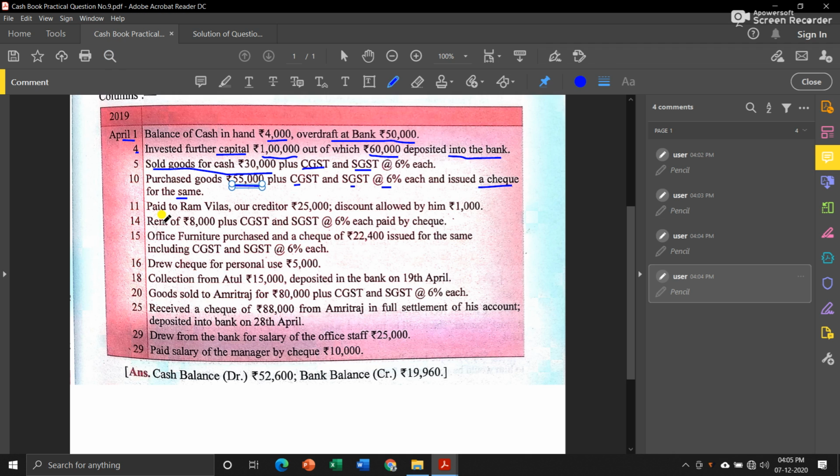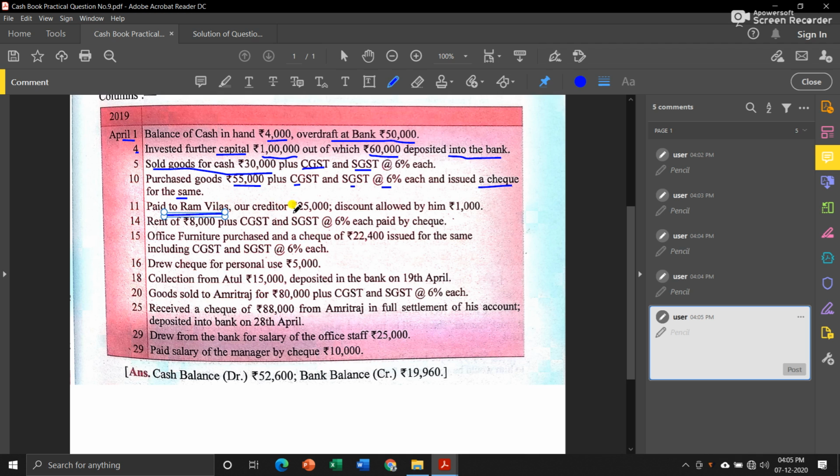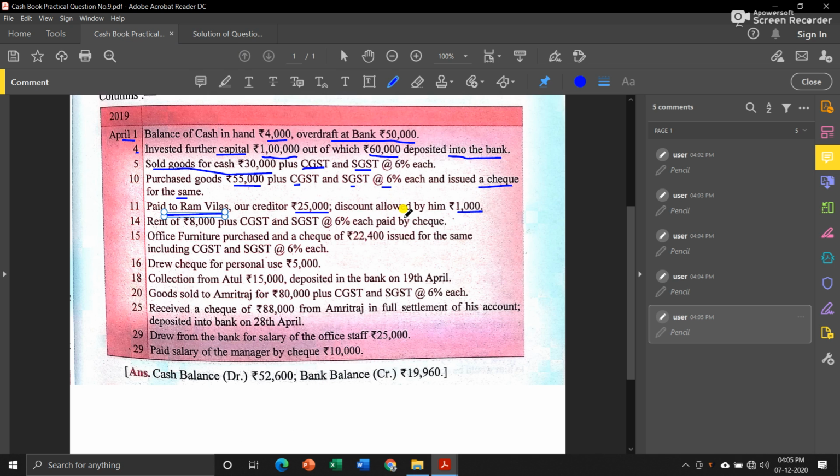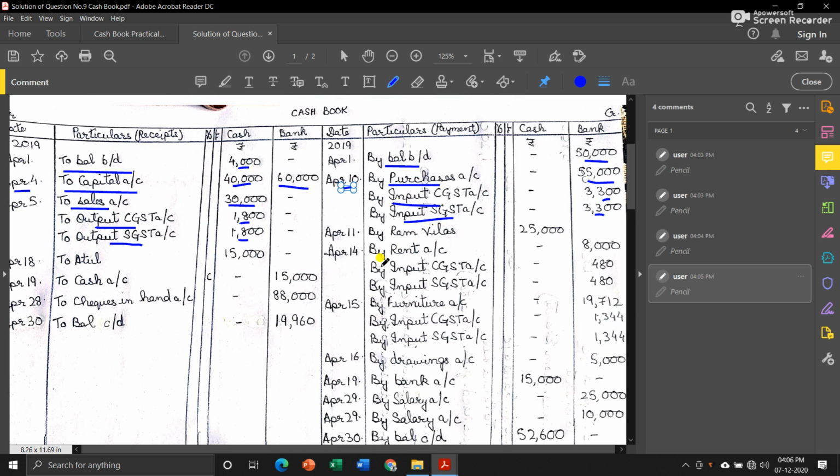The next transaction, on date 11, paid to Ram Vilas, our creditor, rupees 25,000, and we received a discount of rupees 1,000. So this discount allowed, that is discount received for us, this discount received of 1,000 we will record in the journal, and the remaining amount that we have paid, that is 25,000 to our creditor, we will record in our cash book.